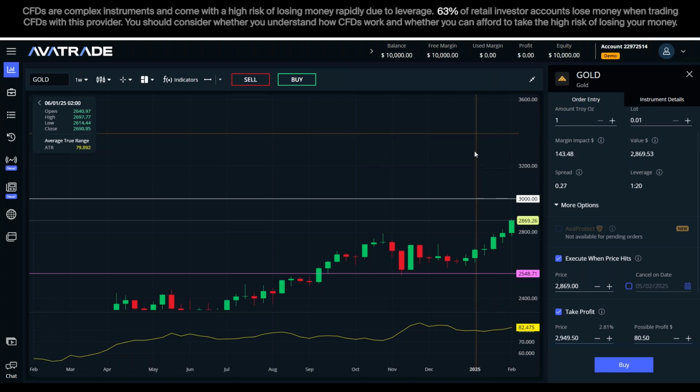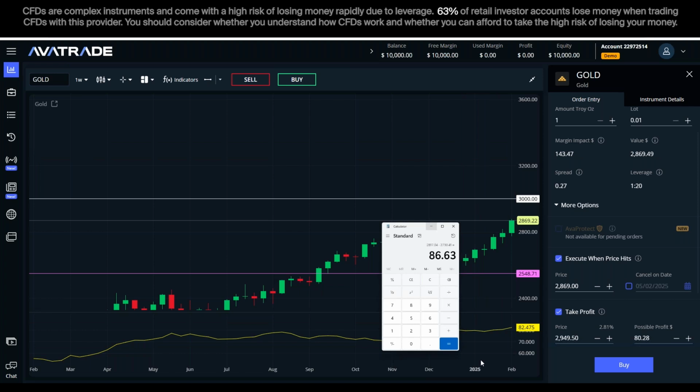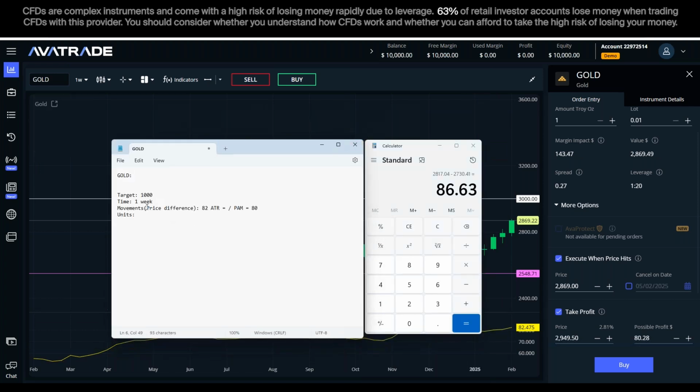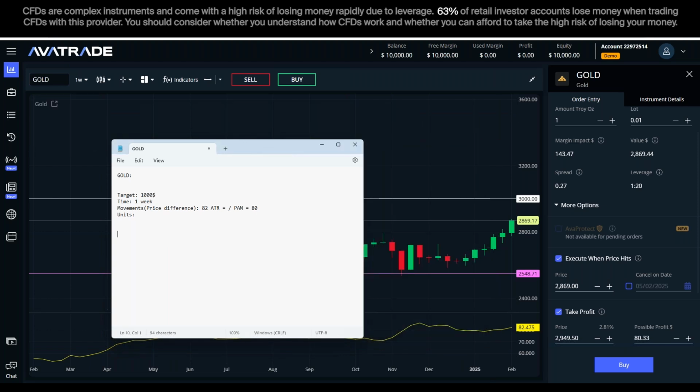Great. Now, how can I know the necessary units that I need to make 1,000? Because I don't want to make 80. We already wrote down here that the target is $1,000, right? So how can I do this? Well, the easiest thing to do is just to divide my target by the movements, and then I get the units. So 1,000 divided by 80 is how much?